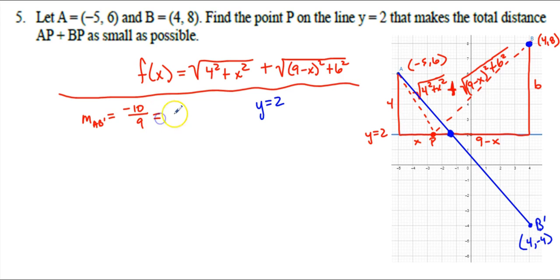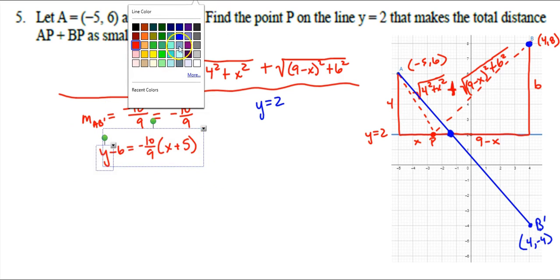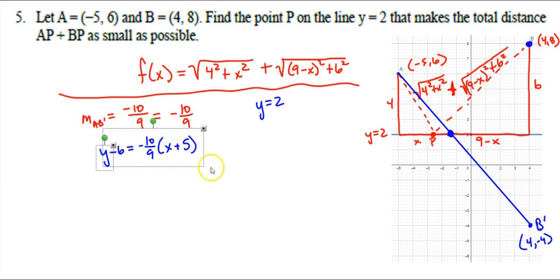So my slope of A to B prime is negative 10 ninths. I also can plug in either one of these points. Neither one's going to be easier than the other, so I'll just pick the first one, (-5, 6). So y minus 6 equals negative 10 ninths times (x plus 5). So I now have the equation of this blue line here. Maybe I should turn that blue, just so we can match stuff up.